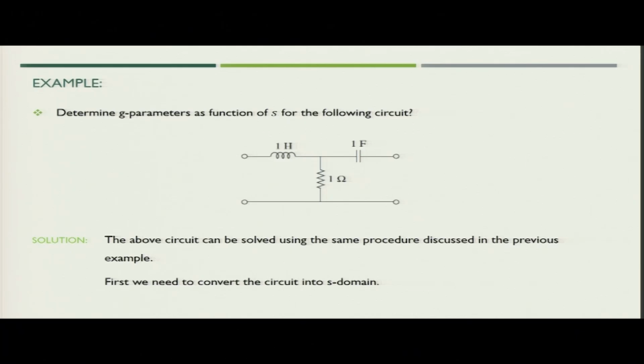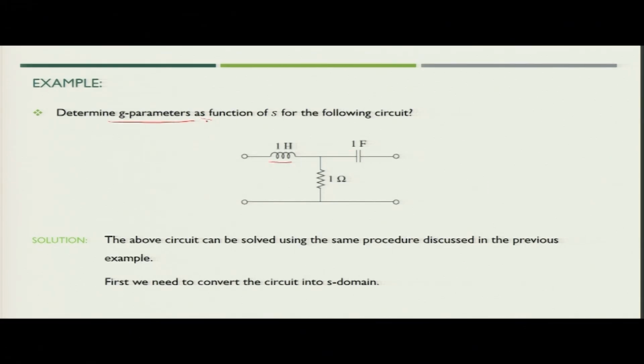Now, next let us try to find the G parameters of the circuit, which is given in this figure. Here you will see that the circuit is having an inductor of 1 Henry, a capacitor of 1 farad and a resistance of 1 ohm. Now, what we have to do?